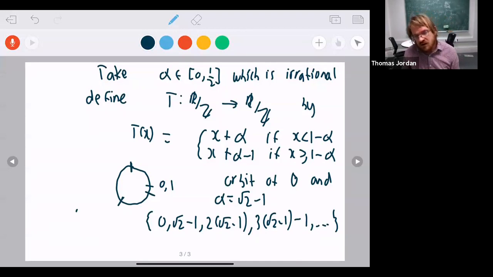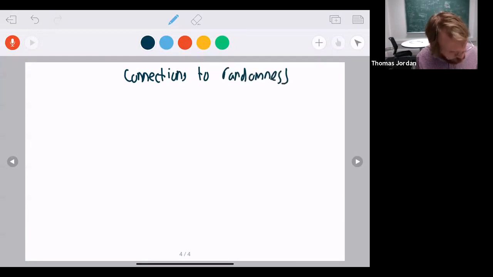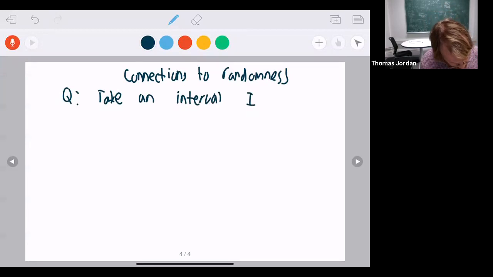Okay, so now I want to talk about relating this to randomness. Connections to randomness. Well, our first question about how it connects to randomness: take an interval I contained somewhere in the circle.